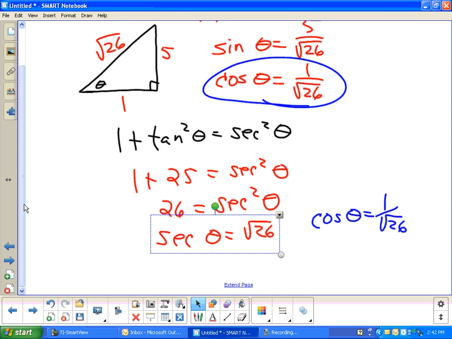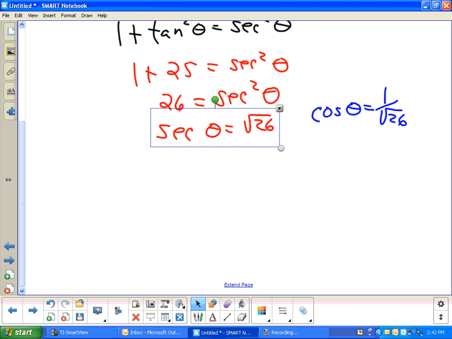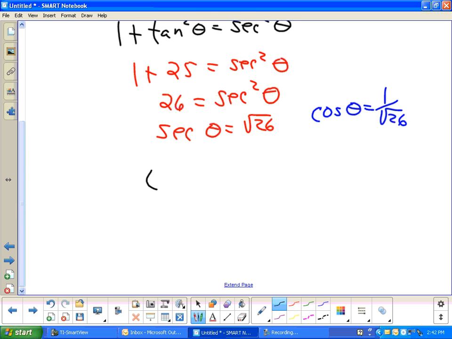Now, the sine, you could either plug it back into this triangle to get it, but I want to show you the way using these tools. I know that tangent theta equals 5. Furthermore, I know that that's equal to the sine of theta divided by the cosine of theta.